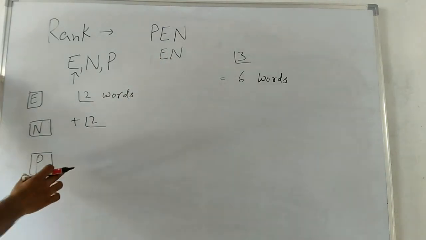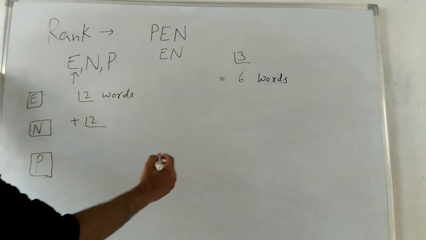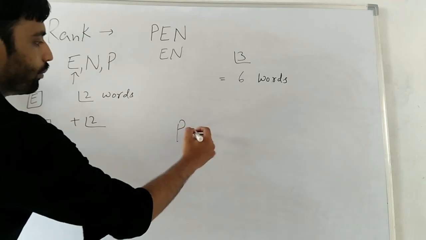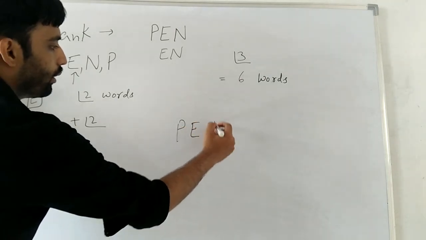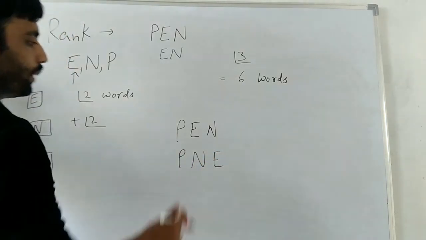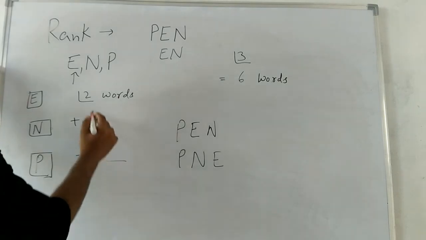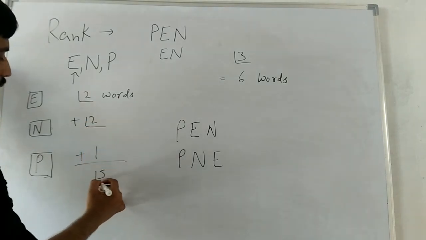Now after P, we can get two words. Either we can get PEN, or we get PNE. So PEN is the first, so we have to add only 1 and the answer will become 5.